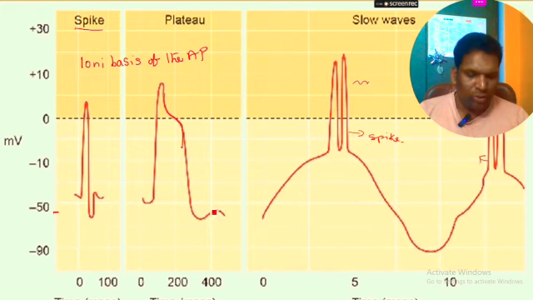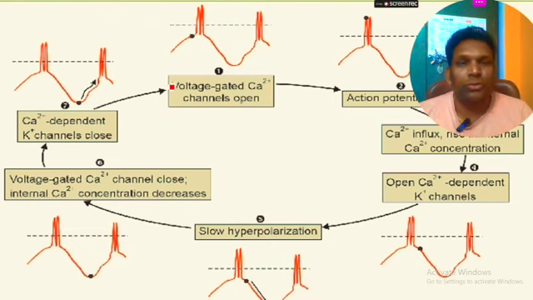So when voltage gated calcium channels open, the action potential develops due to calcium influx and raised calcium concentration, opening calcium dependent potassium channels and causing slow hyperpolarization. Then the voltage gated calcium channels close and internal calcium concentration declines.